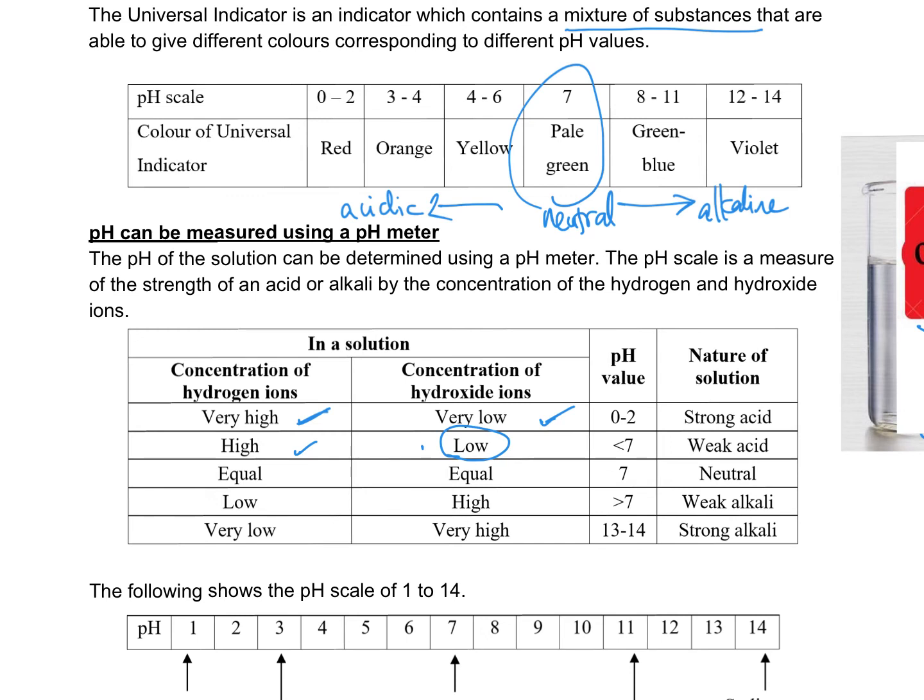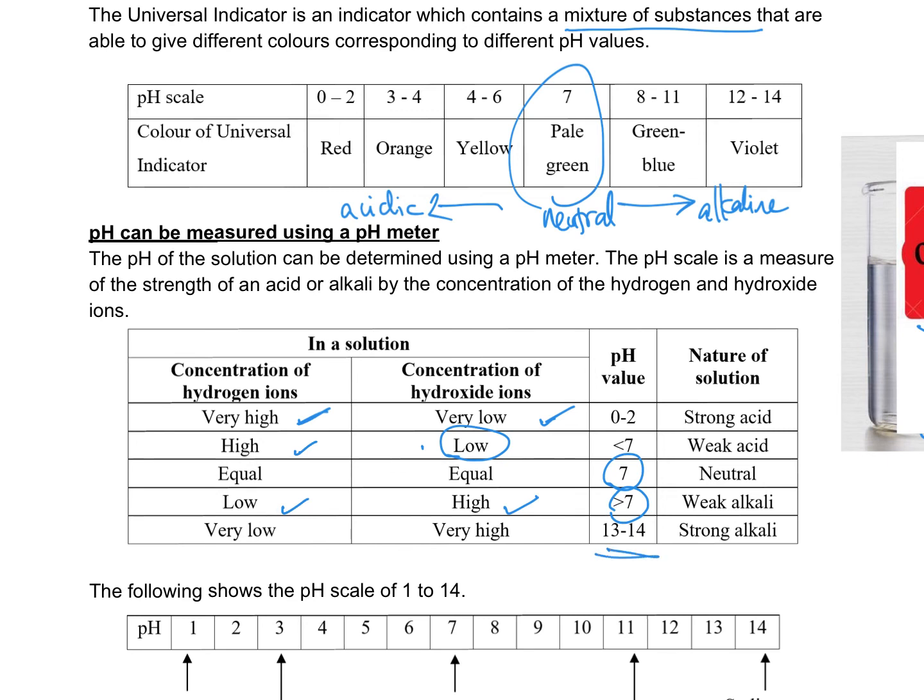Then if it's neutral solution, pH value is 7, and it will have equal concentration of hydrogen ions and hydroxide ions. For weak alkaline, pH value is greater than 7. They will have a high concentration of hydroxide ions, definitely more than the neutral solution. They will have a low concentration of hydrogen ions, definitely less than the neutral solution.